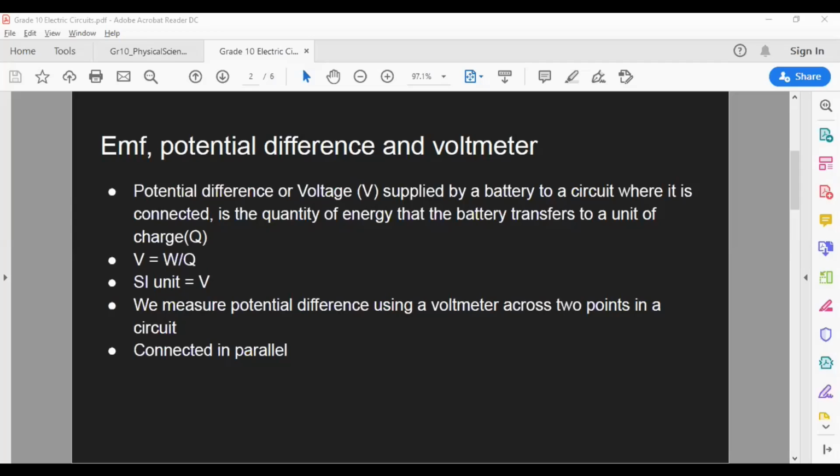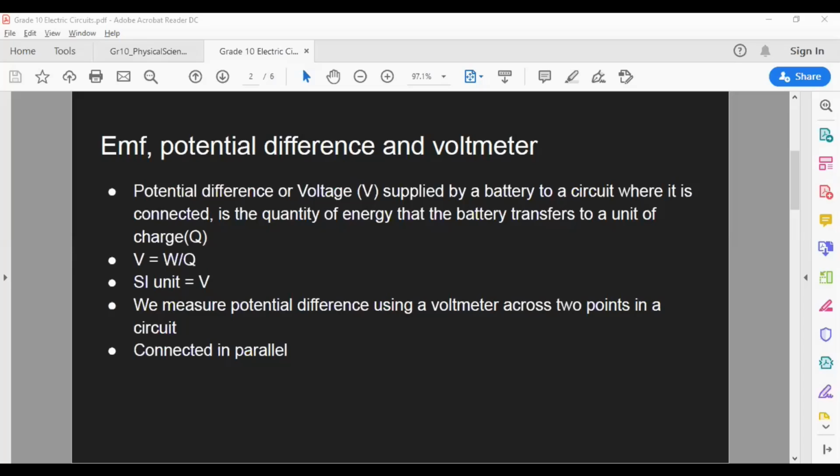Potential difference is also another name for voltage. Voltage is the basic and most common name. No matter if it's called potential difference or EMF, voltage will always stay voltage because it'll be measured in volts.